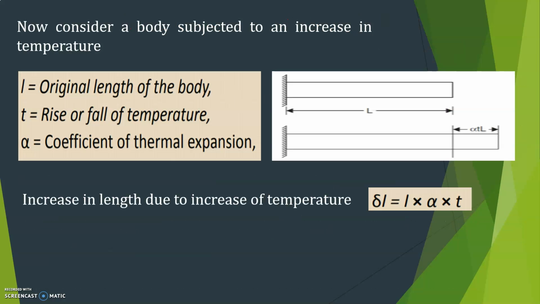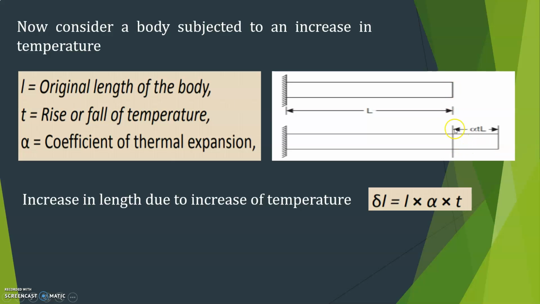Okay, see how you can do it. Let us consider a body subjected to an increase in the temperature. This is one body of length L. When there is an increase in the temperature, there will be an increase in the length.